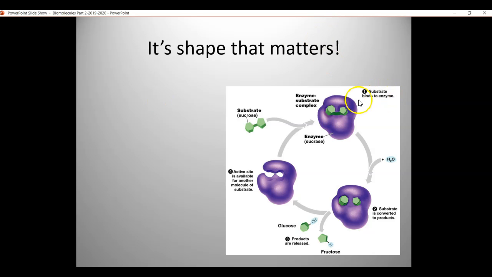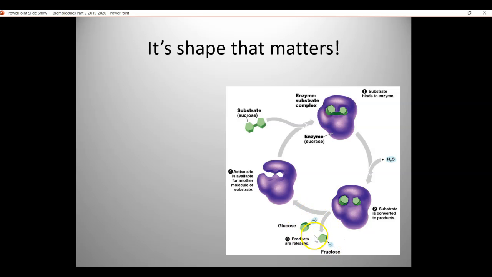If you look here, it says substrate binds to the enzyme. So this is our enzyme substrate complex. Here's sucrase, and my substrate is sucrose. It's going to come in and bind to that enzyme. Water molecules are added in hydrolysis, and the substrate is converted into products, fructose and glucose.